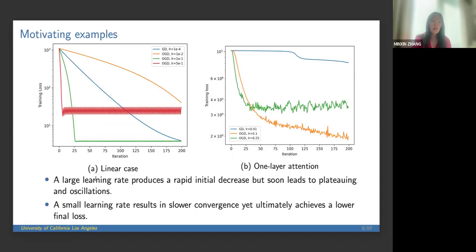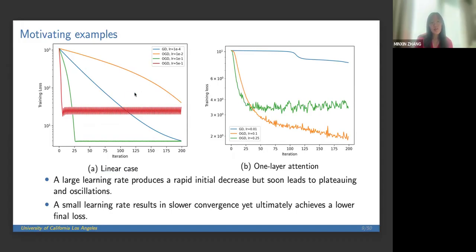Consider a simple case when you want to train one linear layer. If you use standard gradient descent, you get this blue curve here. If you use orthogonalized gradient descent together with a small constant learning rate, like this orange line here, the convergence speed is actually not faster.